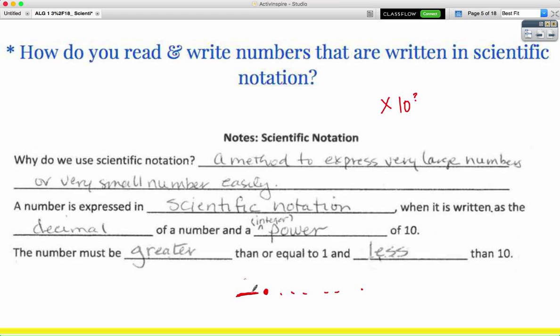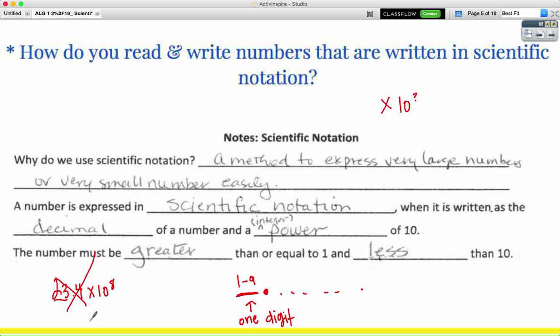Specifically, this cannot be a 0. So it has to be a number 1 through 9 in this spot, but only one digit is allowed in proper scientific notation. So if I have something like 23.4 times 10 to the 8th, that's wrong. There's 2 digits to the left of the decimal. There can only be one.